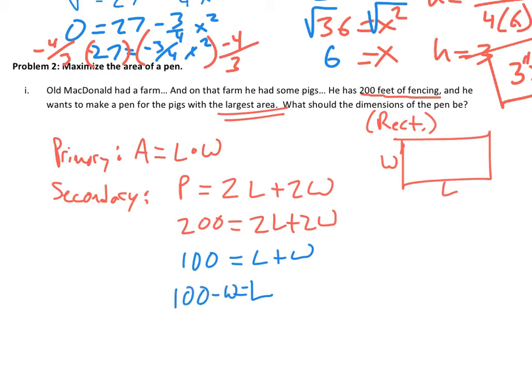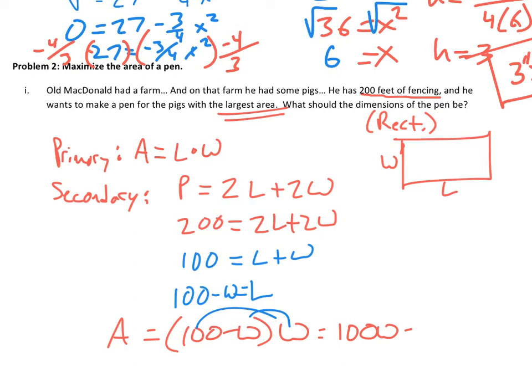If you subtract W, we get L equals 100 minus W. So our area equation becomes, if we substitute, 100 minus W times W. And we can see that's a quadratic equation now. All right, so we can distribute here, and we've got 100W minus W squared.